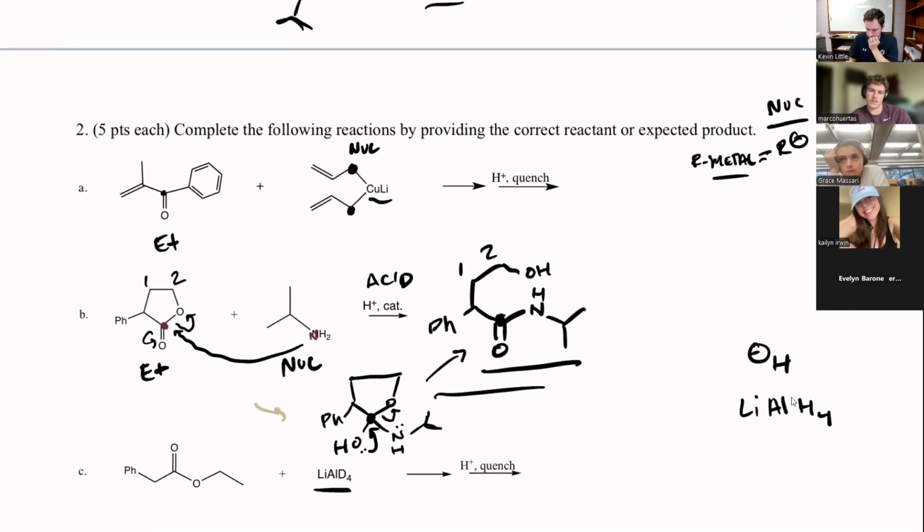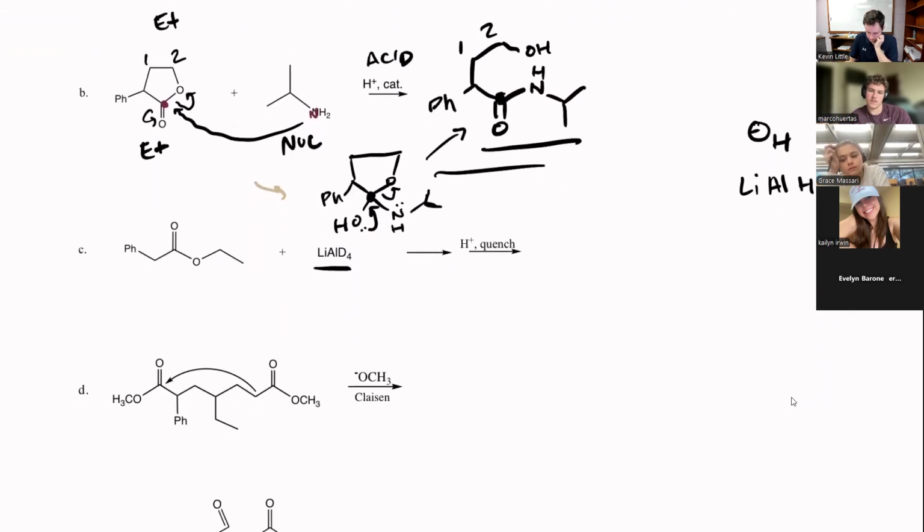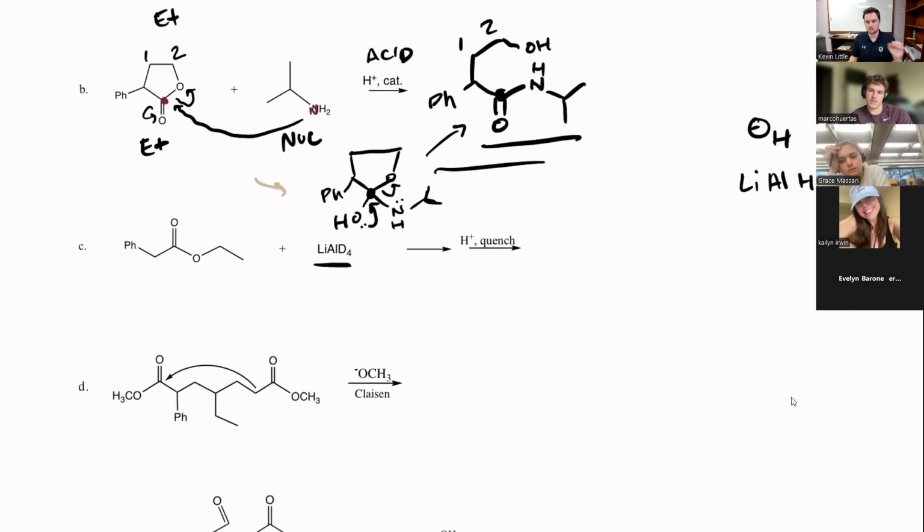How'd you know? Because it's a negatively charged hydrogen. I have something attached to a metal. Red flag. That means the thing attached to the metal has a negative charge, which makes it nucleophilic. What's attached to a metal here? D. So I've got a D minus. This is deuterium. It's just a heavy hydrogen.